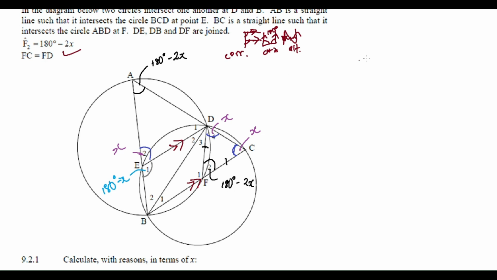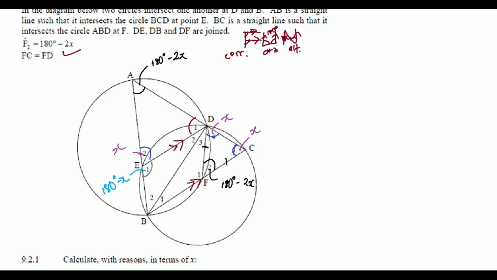I mean that if we can prove that angle D1 is equal to, for example, angle C, that means we have proven that these 2 lines are parallel, because we are going to have an F shape like this, and then we are going to say corresponding angles, right? So let's try to do that one.